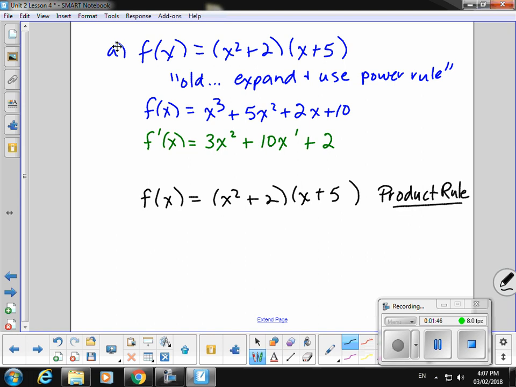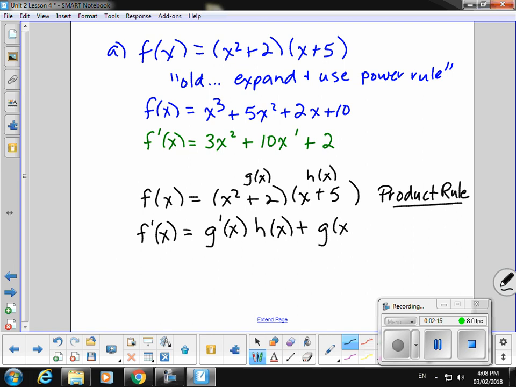We're going to summarize it a little bit later, but the product rule says if I have a product of two different functions, I'm going to call this one g of x and this one h of x just to separate them and make them clear, then my derivative can be written as the derivative of the first times the second plus the first times the derivative of the second.